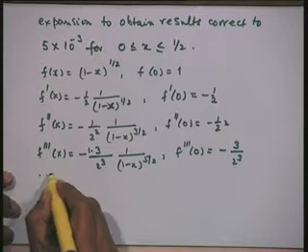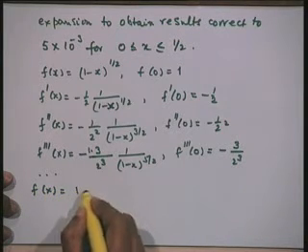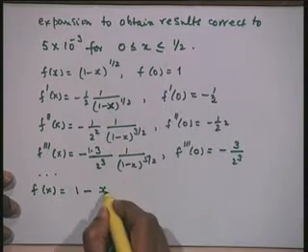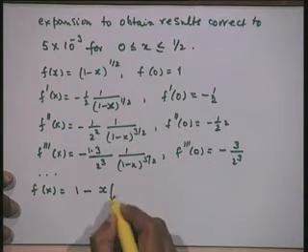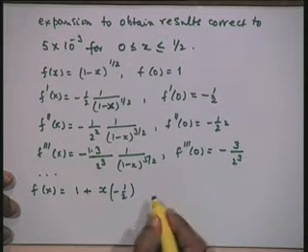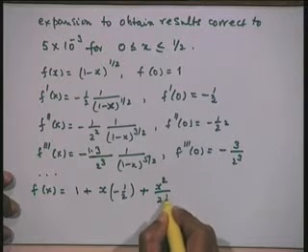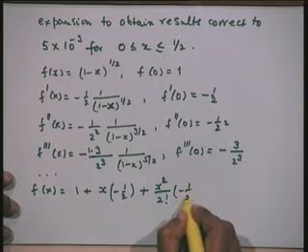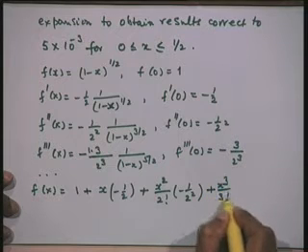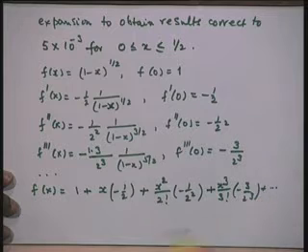Therefore, our series is f of x is 1 plus x minus x naught, where x naught is 0, into minus half, plus x minus x naught whole square by factorial 2 into the second derivative, minus 1 upon 2 square, plus x cubed by factorial 3 into minus 3 by 2 cubed, plus so on.